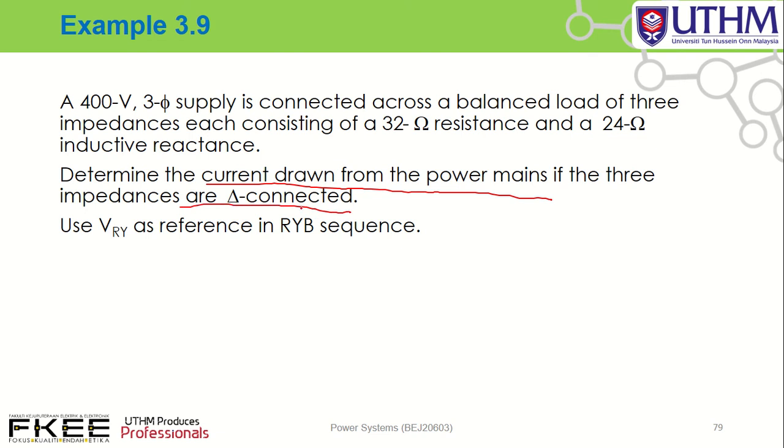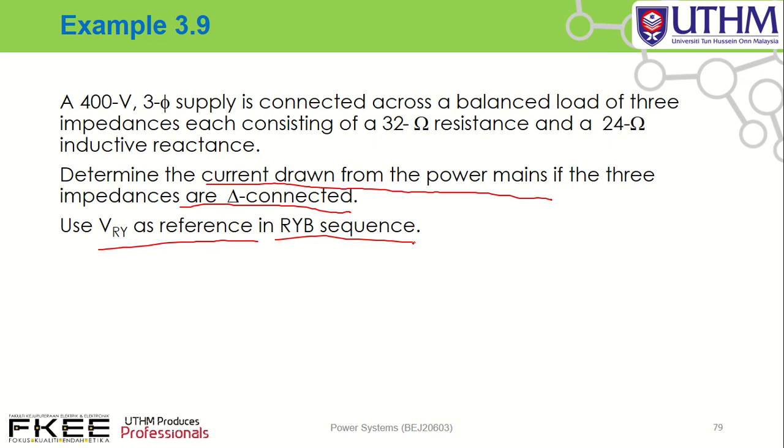You can use VRY as a reference, and RYB as the phase sequence. Can you calculate IR, IY, and IB for this question? First you can try on your own to determine IR, IY, and IB, and then in the next video we can discuss.